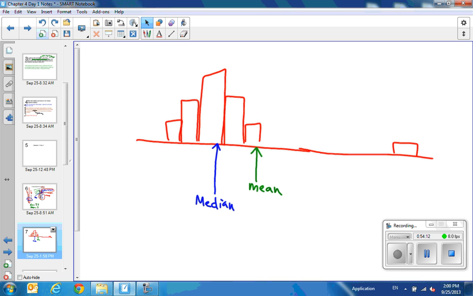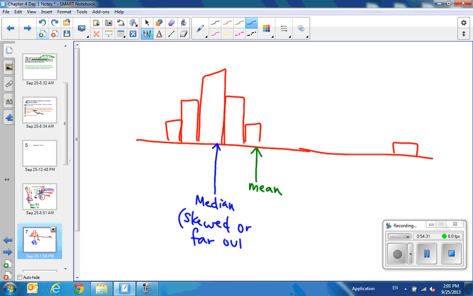Is that in your notes? If it's not, write it in your notes. That's a really important idea. So we usually use the median for skewed data or major, far outliers.